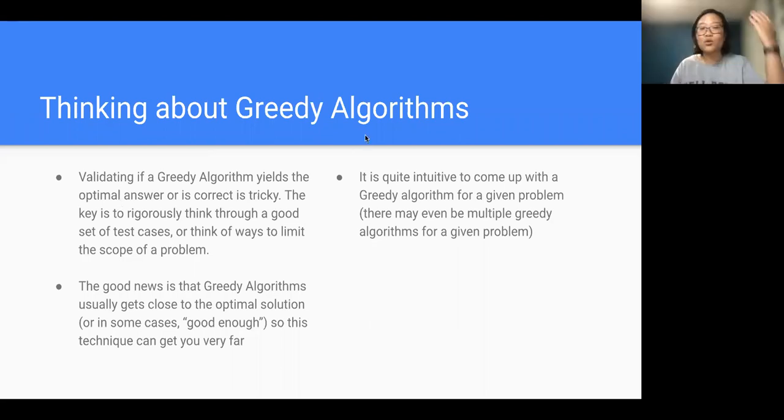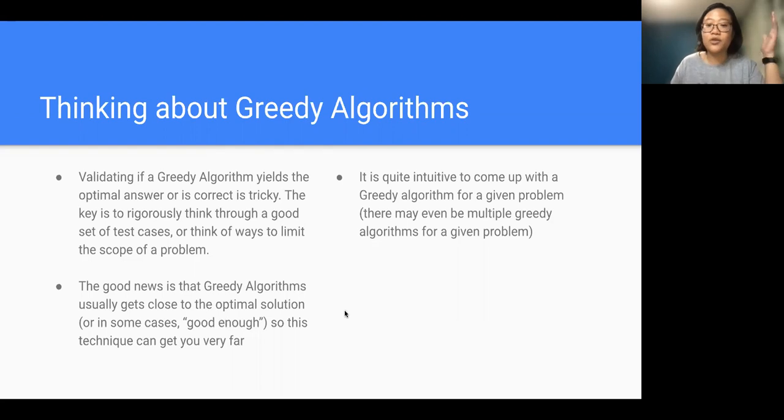There are computer scientists and very smart people whose main purpose in life is to think about optimal answers to certain types of problems. So you have to think through a good set of rigorous test cases, or think of ways to scope the problem. As I said, in the context of an interview, you might say, for this solution, there has to be at least a 1p coin in the denomination. That's what I mean by scoping the problem.